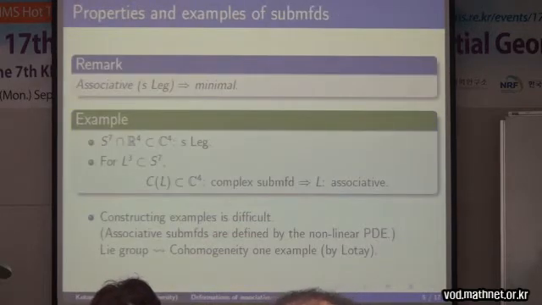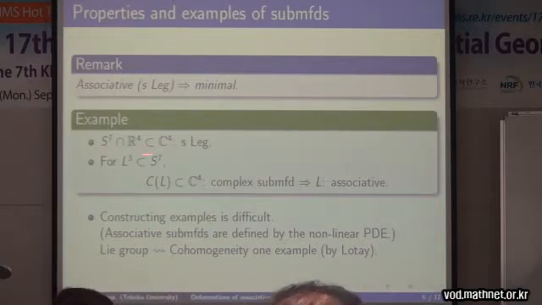Next, we give some properties and examples of submanifolds. First, we remark again that associative and special Legendrian submanifolds are minimal submanifolds in S7. And we give some examples of special Legendrian and associative submanifolds.